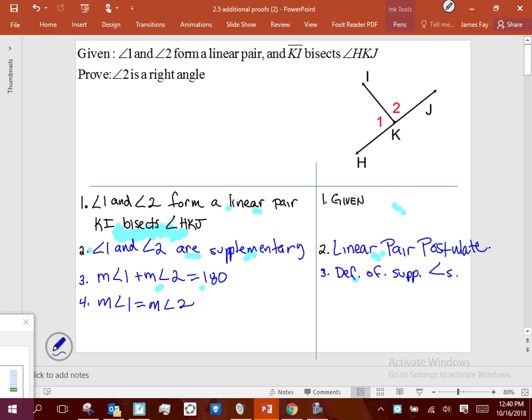Okay? Because that's what a bisector does, right? An angle bisector creates two angles that are congruent, and if they're congruent, we know that their measurements have to be the same, right? So this is the definition of, I'm going to write angle bisector. If you do write bisector, that's okay.